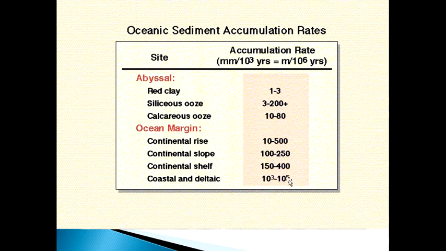Then compare to the shelf, slope, and rise, and you see that all of these are kind of mid-level, or well, they're high compared to the deep, but mid-level. But now look at the coastal and deltaic areas. So right at the coast where the ocean meets the land, and particularly the deltas where sediment is coming down rivers and immediately put out into the ocean: 10 to the 3 to 10 to the 5.